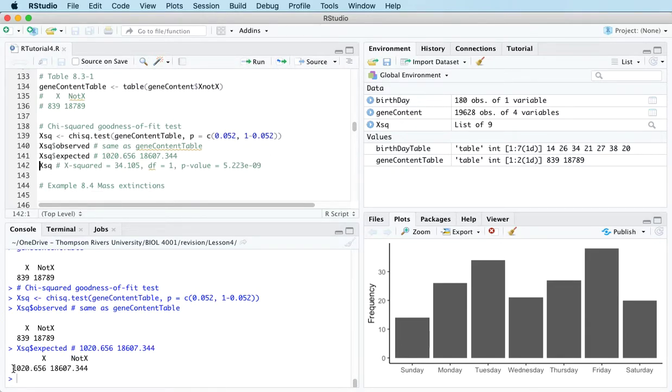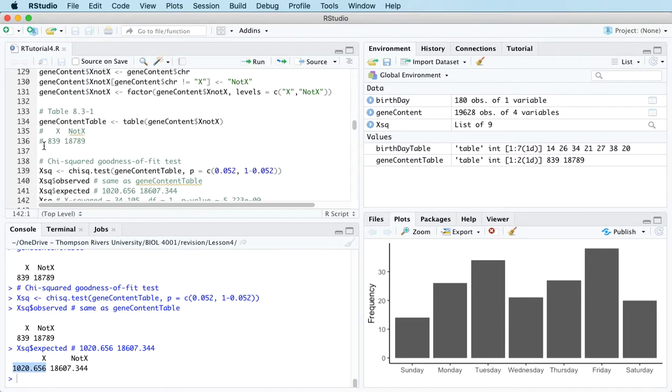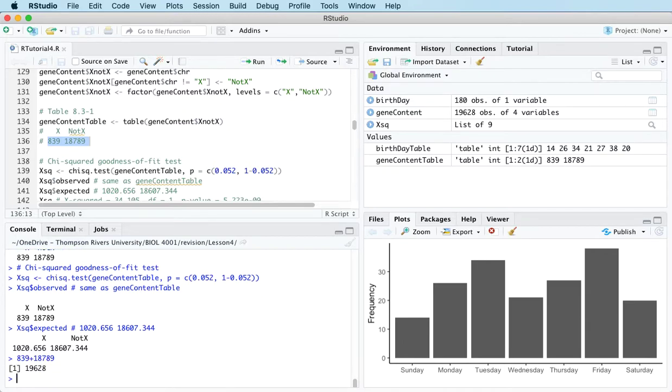So if we figure out 5.2% of the total number of genes that we've looked at, which is whatever the sum of these two numbers is, 19,628.